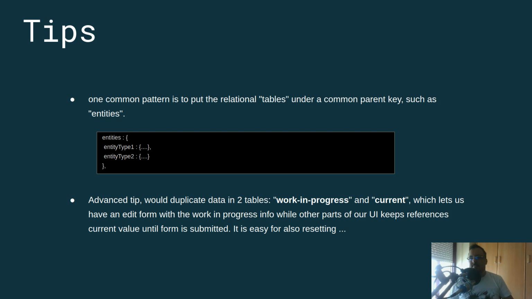These are advanced tips. Other tips that we should be using. The example with the by ID or IDs is not much used. Usually we should have every entity, the posts, the comments, and the users inside an object that is called entities.